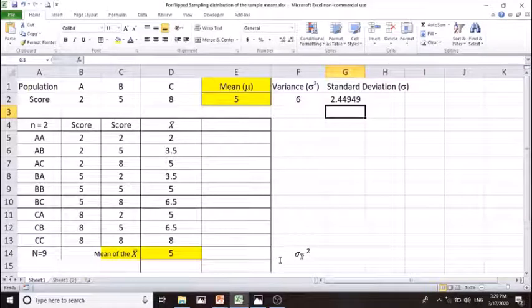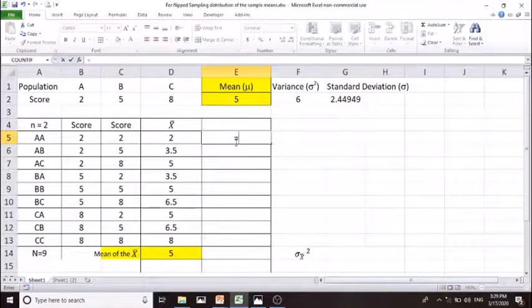Now let's move on to the variance of our sample means. To find it, we will find the average squared distance of the sample mean from the mean of the sample means. So let's have the computation.